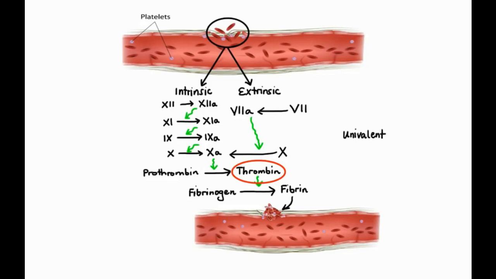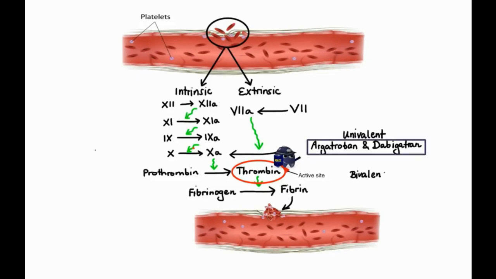The second class is the bivalent class, which can bind bilaterally, binding to exosite 1 as well. Examples of these drugs are bivalirudin and desirudin.